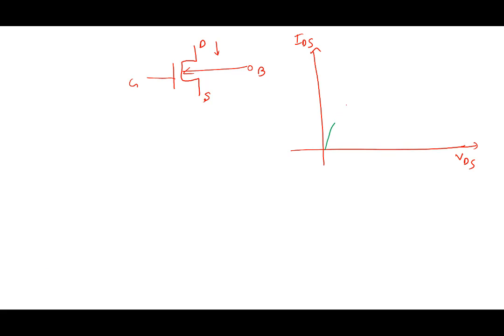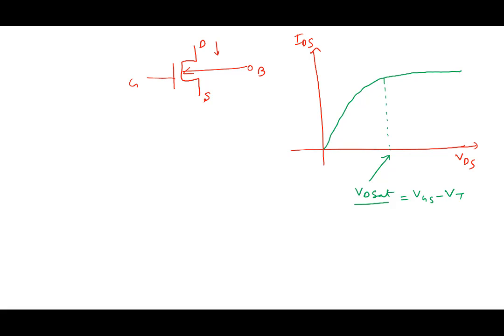It starts off linear, and goes like this. This is the point where it flattens off, an important point which we call VD sat, and this is equal to VGS minus VT.